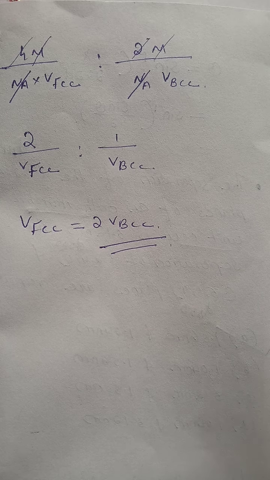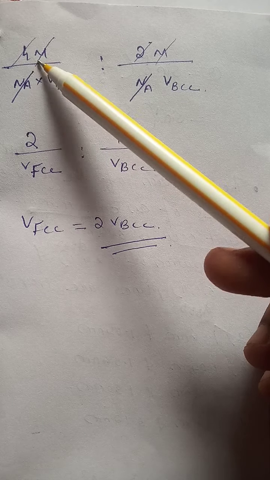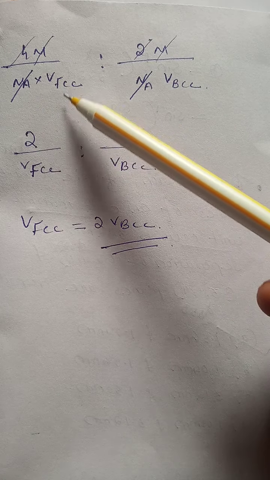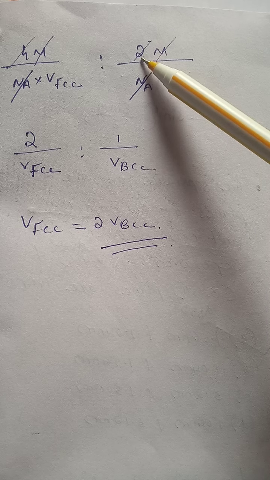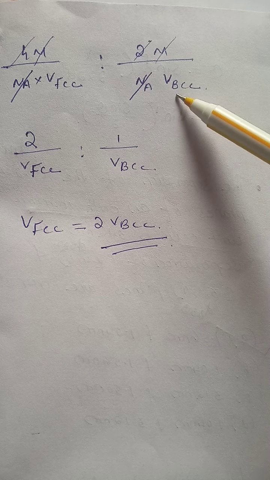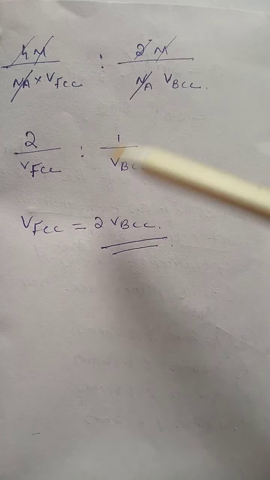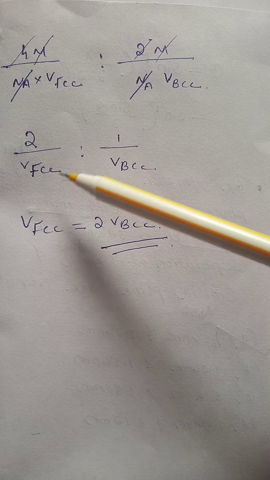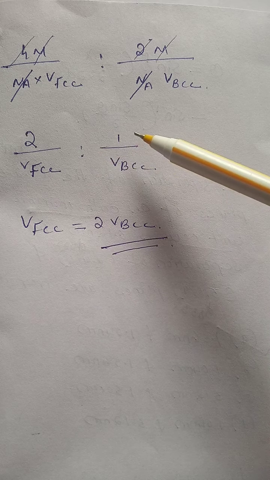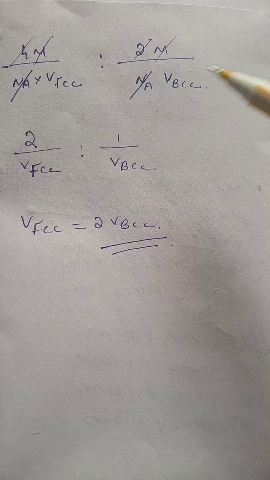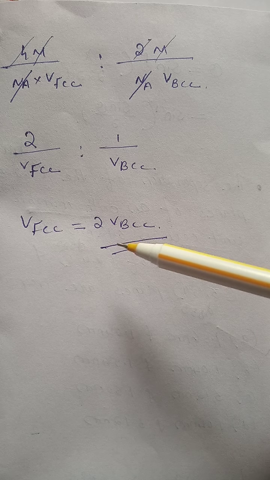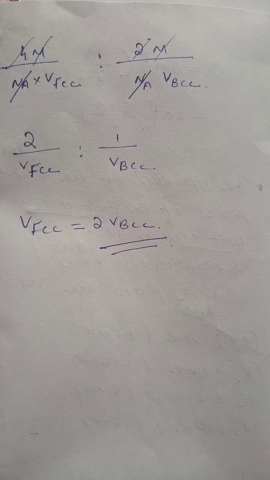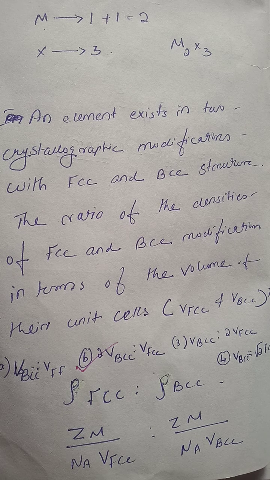So in case of FCC, Z is equal to 4, so 4M by Na into volume of FCC, divided by, here Z is 2 in case of BCC, 2M by Na into volume of BCC. So cancelling, we get 2 by volume of FCC divided by 1 by volume of BCC. Rearranging, volume of FCC equal to 2 into volume of BCC. So the answer is option B.